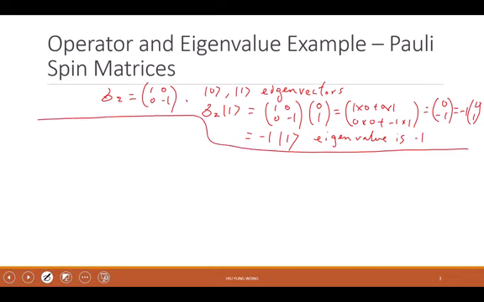Now let's look at another matrix. This is called sigma x, right? We did not really say what it is yet, but it corresponds to a magnetic field in the x direction. So this is another spin matrix. Let's see if spin up, which is this one, or spin down, which is 1, are its eigenvector.